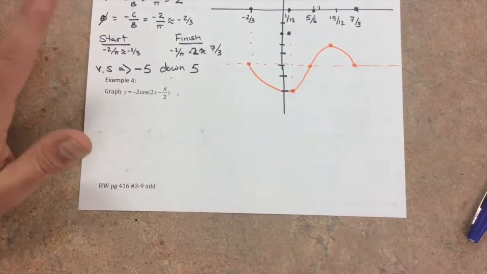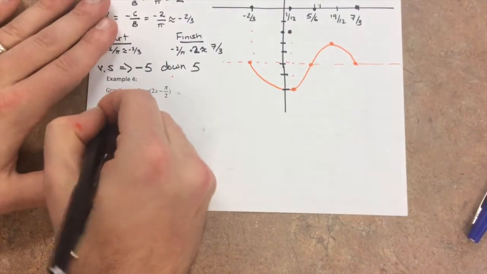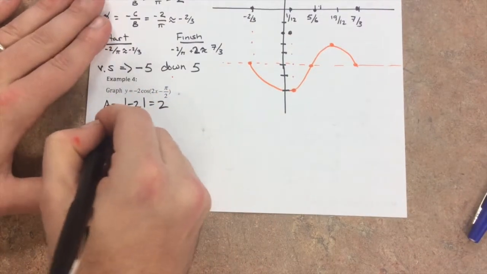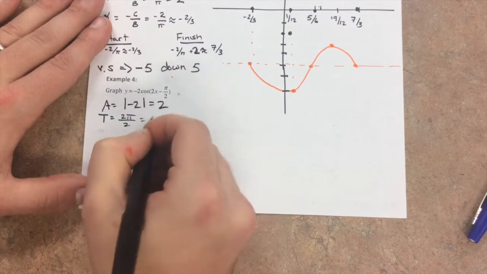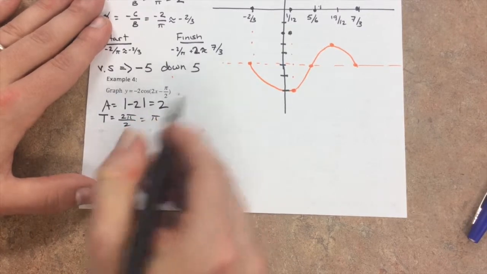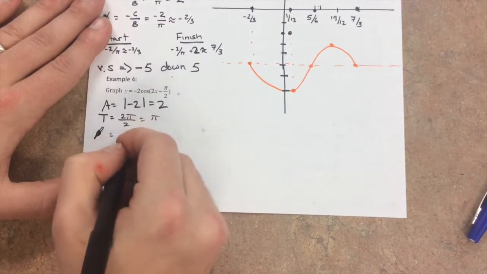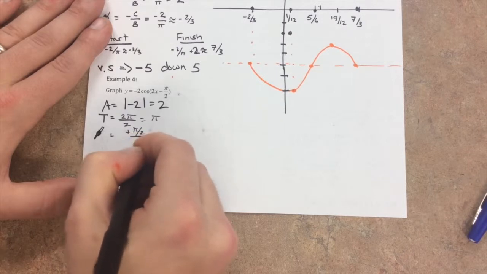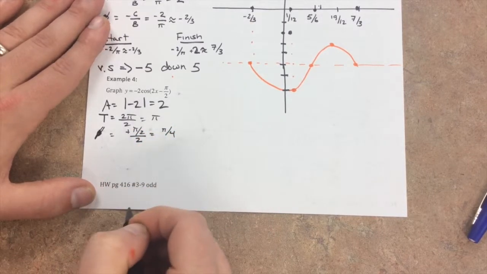So not to end on one super sloppy, let's see if we can get this down. So amplitude is 2. Our period is 2 pi over 2, or just pi. Our phase shift is negative c over b, or pi over 4.